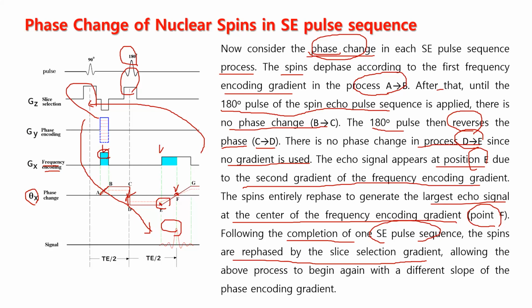Allowing the above process to begin again with a different slope of the phase encoding gradient. So we change the slope of the phase encoding gradient, and the same processes are repeated 256 times for the 256 pixel image.